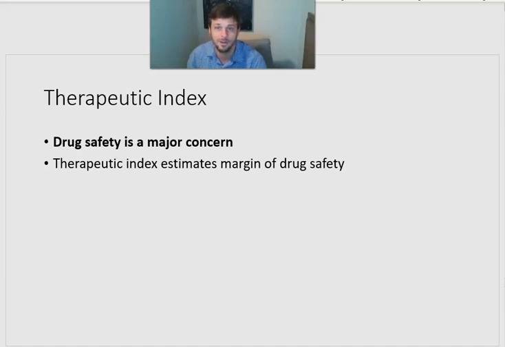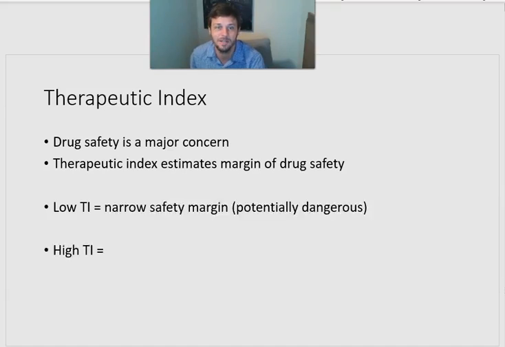But there are other drugs where you can take very little of this one drug and not be okay anymore. And so that is what the therapeutic index describes. If a drug has a low TI, a low therapeutic index, it has a very narrow safety margin. It is a potentially dangerous drug. You do not want to give somebody too much morphine. That is not good.